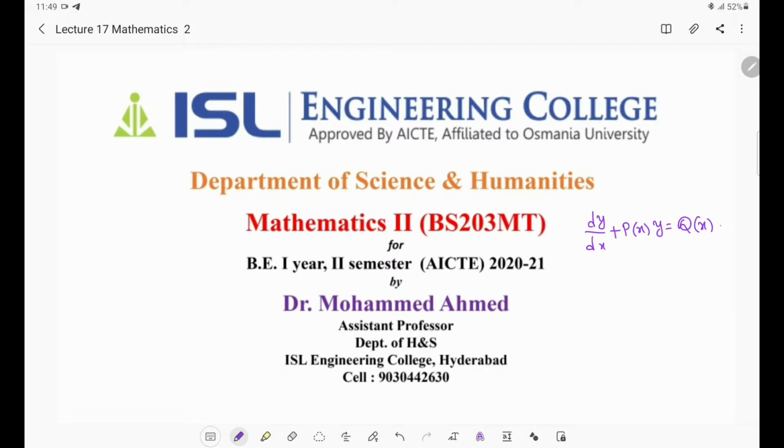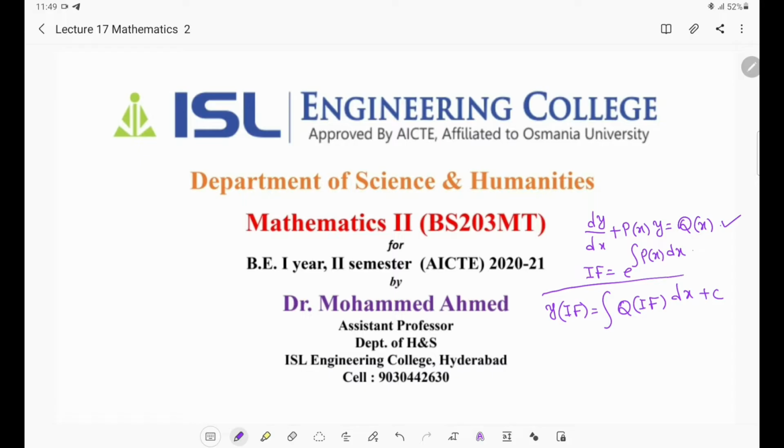For solving this, we find the integrating factor. The integrating factor is given by e power integral p of x dx. This is the integrating factor for this differential equation, and the general solution is given by y into integrating factor equals integration of q into integrating factor, where the integration is with respect to x, plus c.